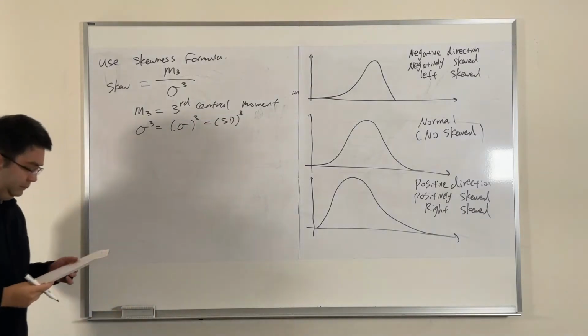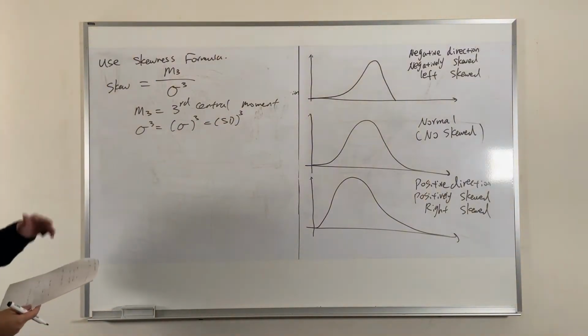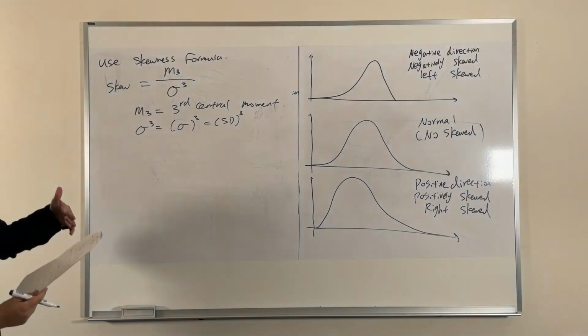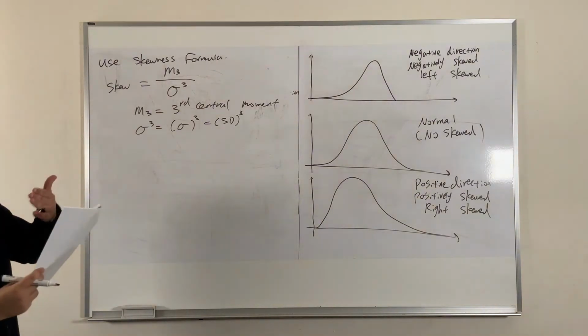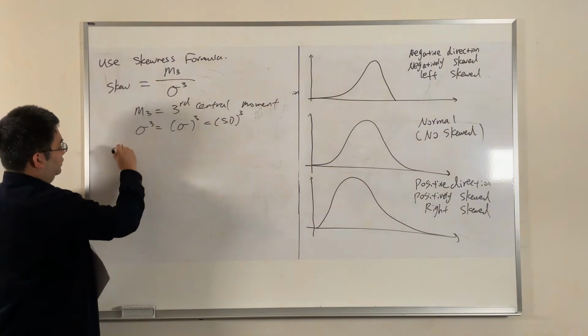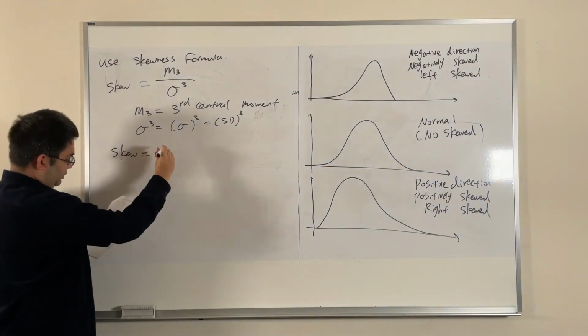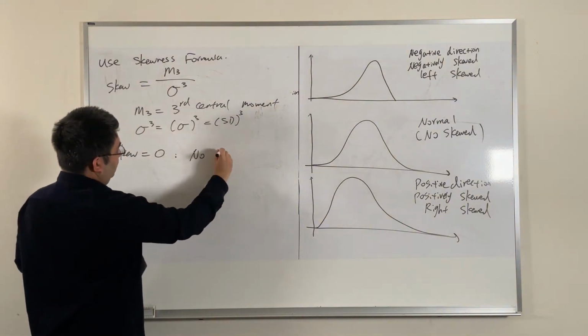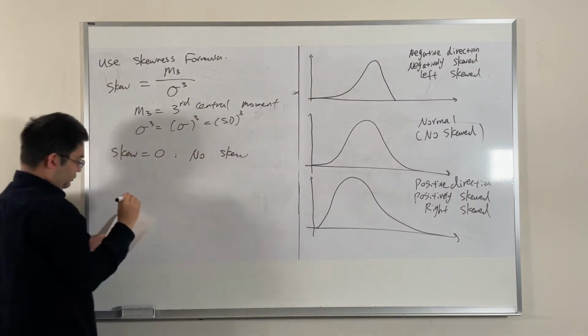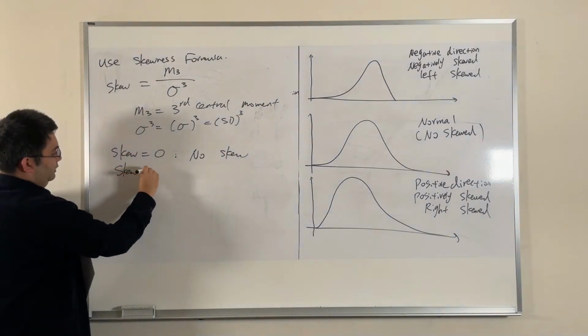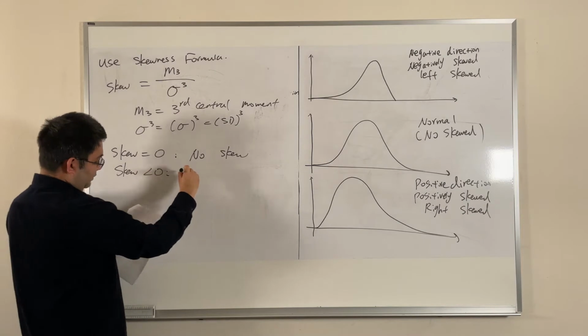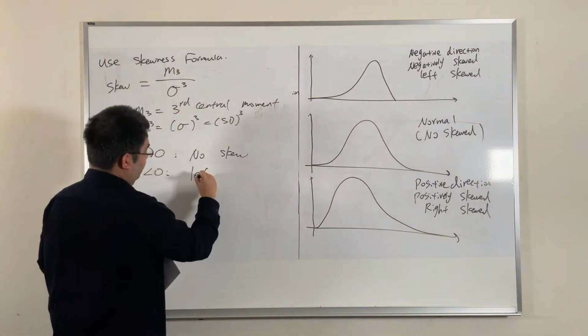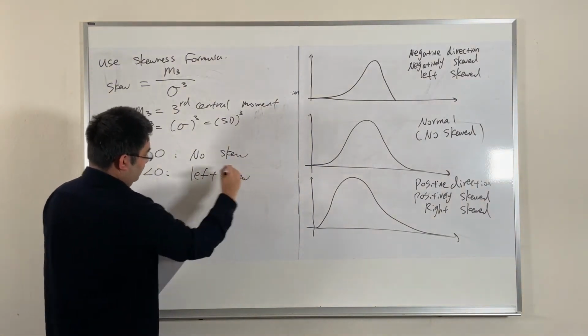Based on the value you get, you can decide whether it's no skew, left skew, or right skew. If the skew value equals 0, you have no skew. If the skew is less than 0, then you have a left skew.